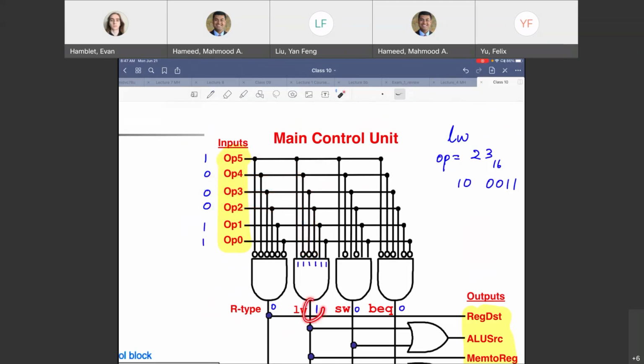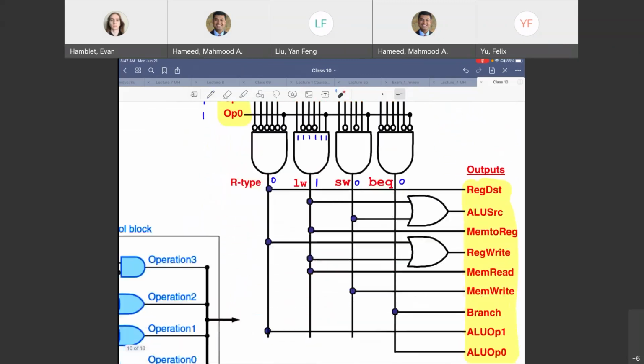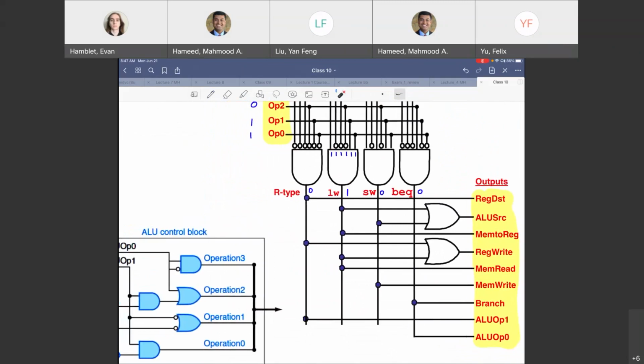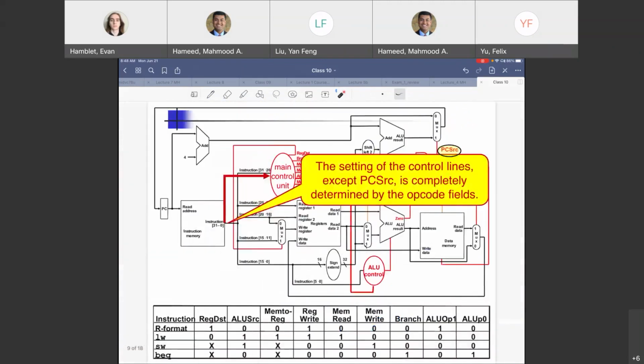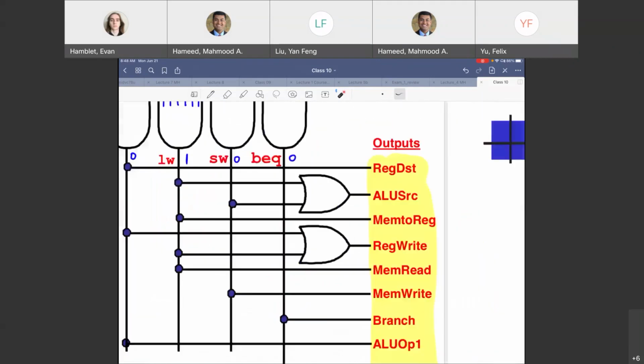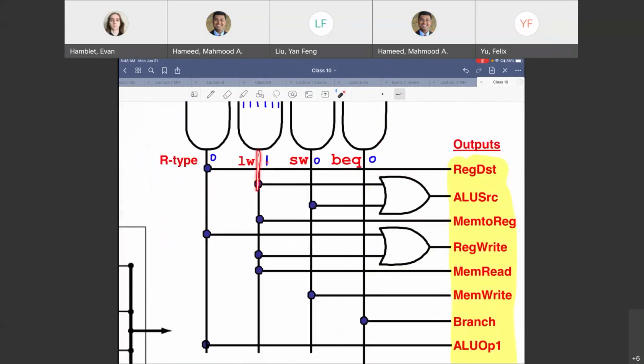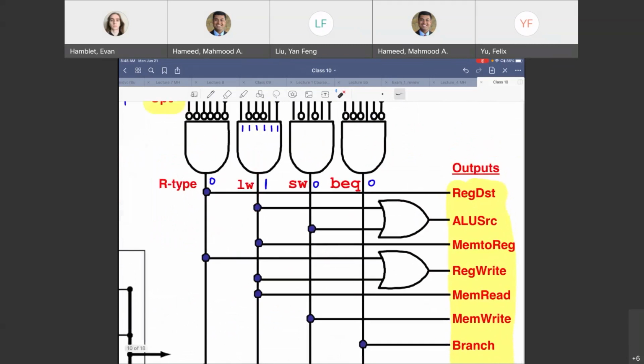So when that gives you a 1 there, now we need an output logic to compute your control lines. So what is that? Load word. You see, if I look at this table here, load word, 0, 1, 1, 1, and so on, is that getting reflected there or not? Well, this is a 1. That one goes here, makes this guy into a 1.